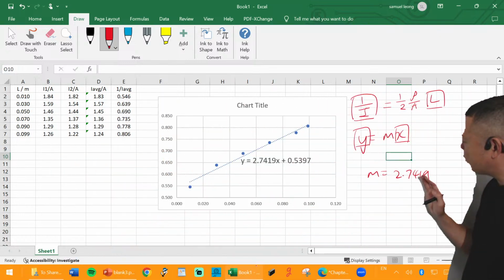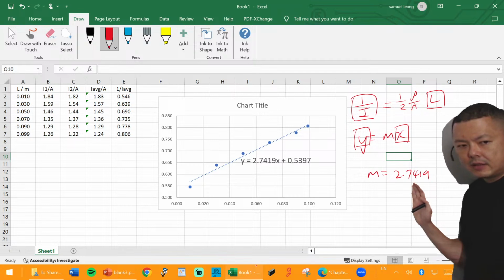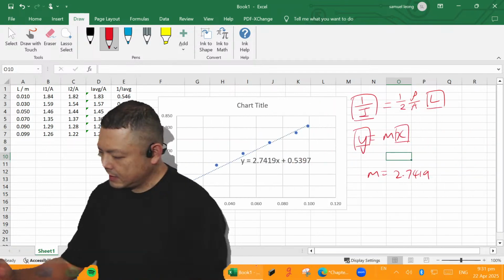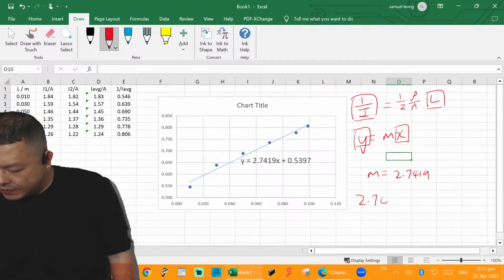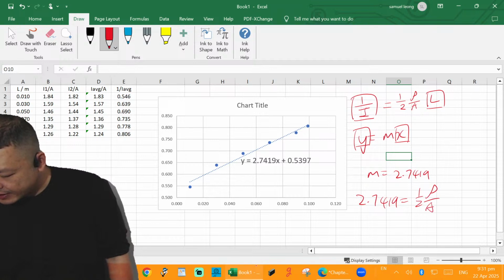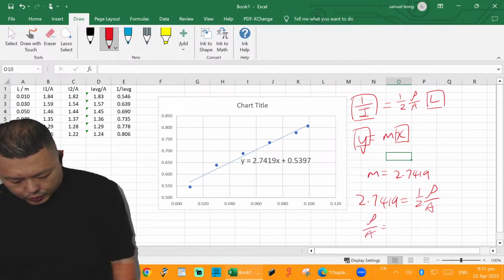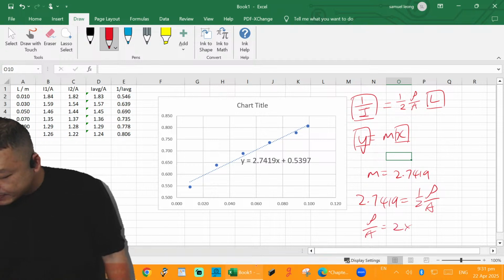Okay, so right now my 2.7419 is equals to the half rho over A. So which means my rho over A will be equals to 2 times 2.7419.